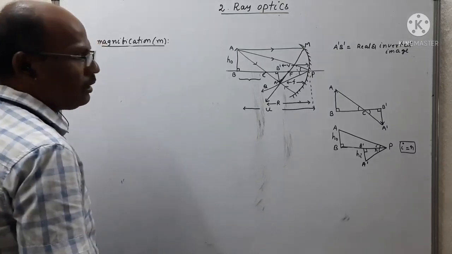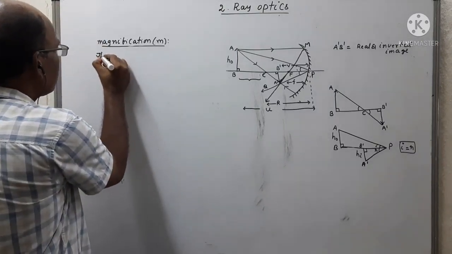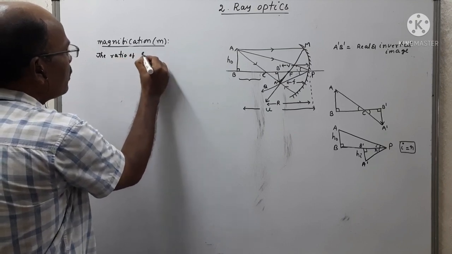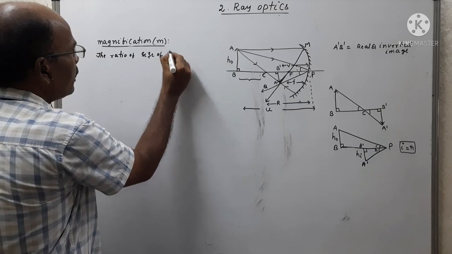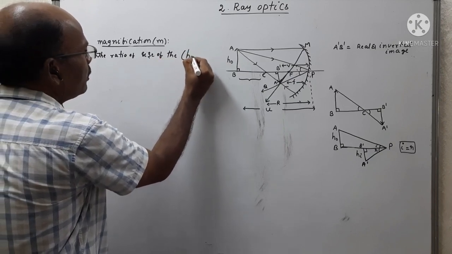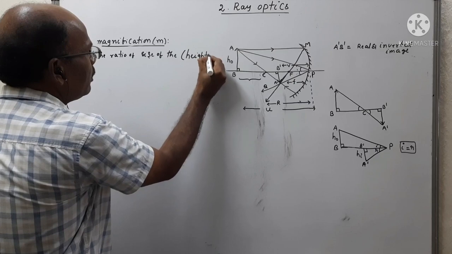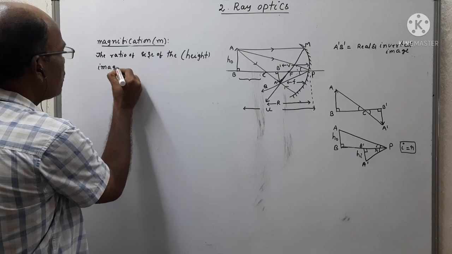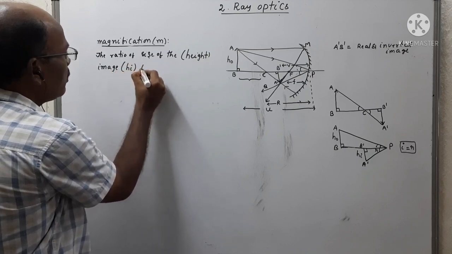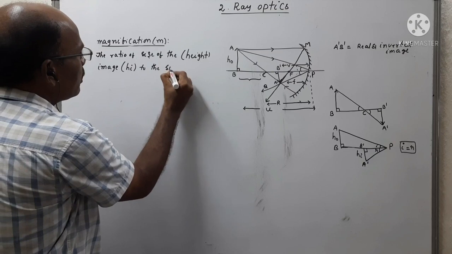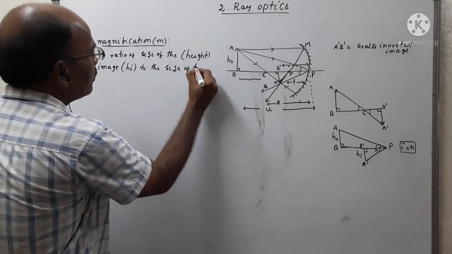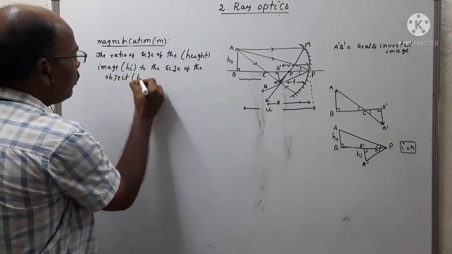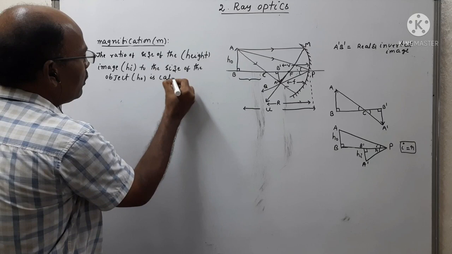Magnification is equal to the ratio of size of the image to the size of the object. Size here we can also take as height.